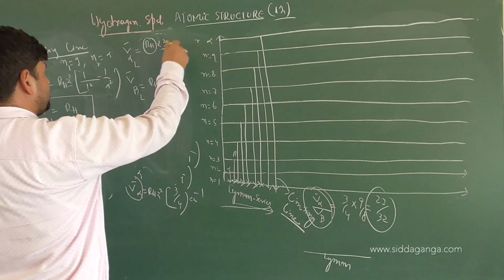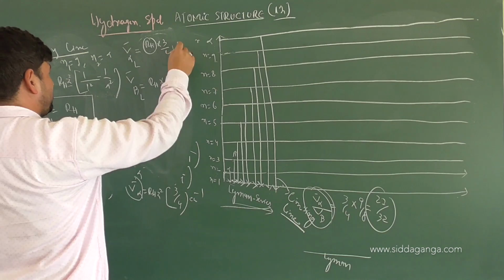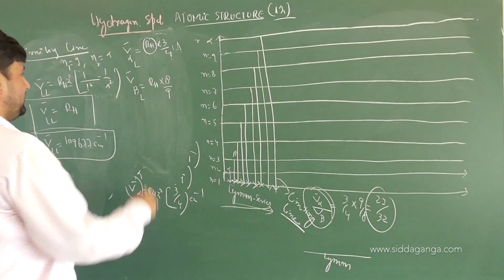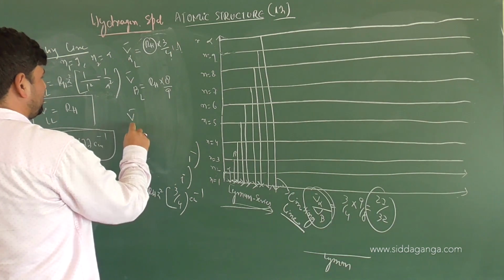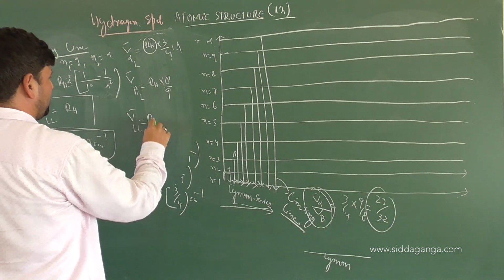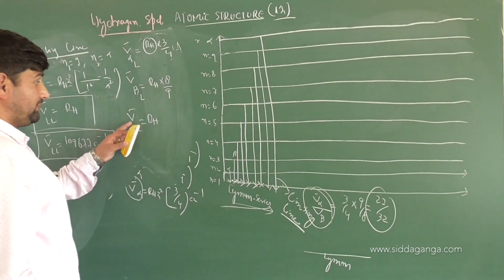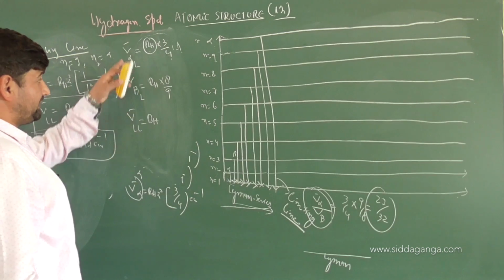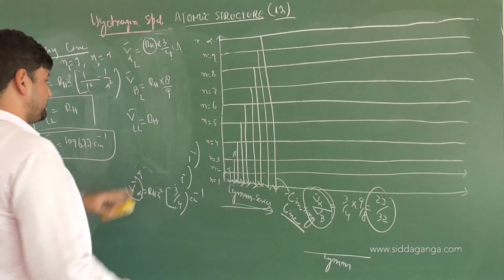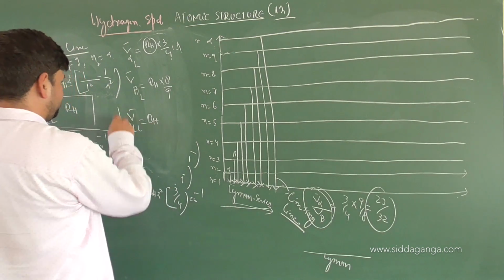So 3 by 4 is a decimal value, and RH into a decimal value will reduce the value. The next one, wave number of limiting line is equal to RH. This is alpha, this is beta. Limiting line will be how much? RH, that's it.